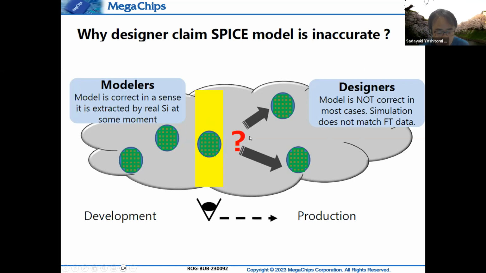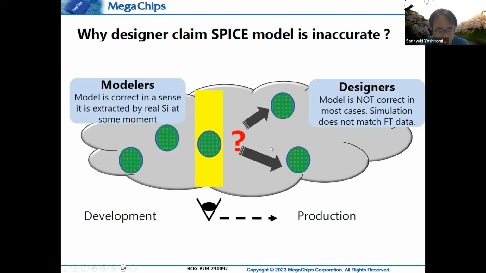But after that, we usually don't verify the accuracy during the mass production phase. We, the PDK team, don't take care of what's going on in the production phase. This is our development scheme problem in developing and brushing up the PDK.